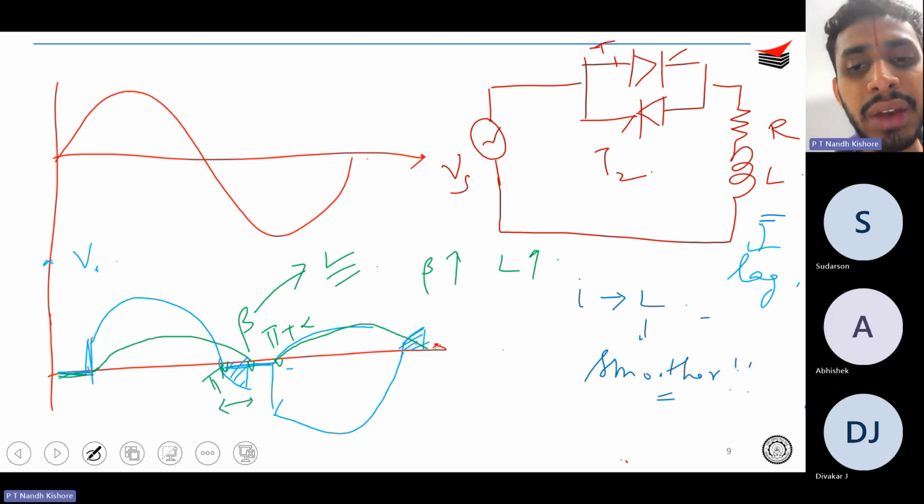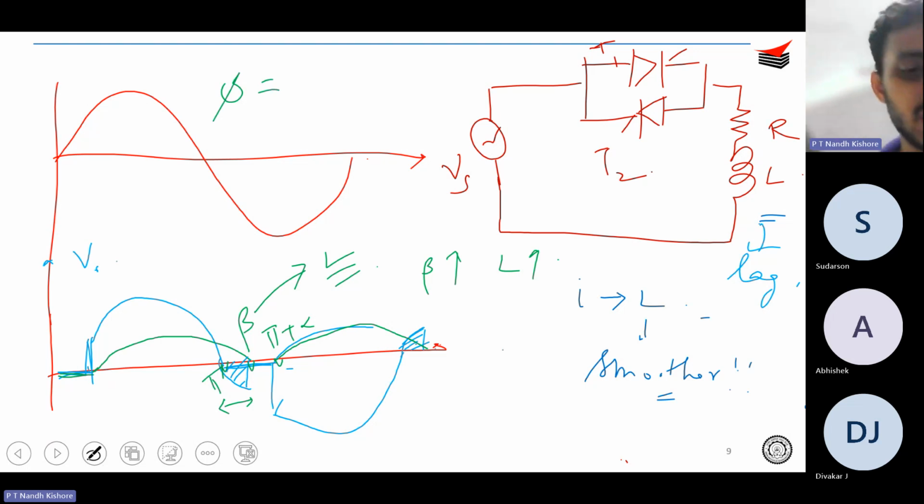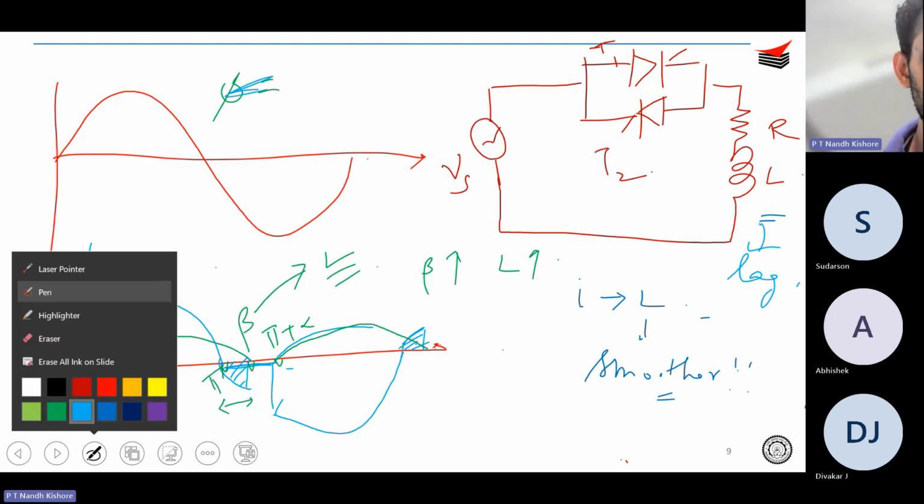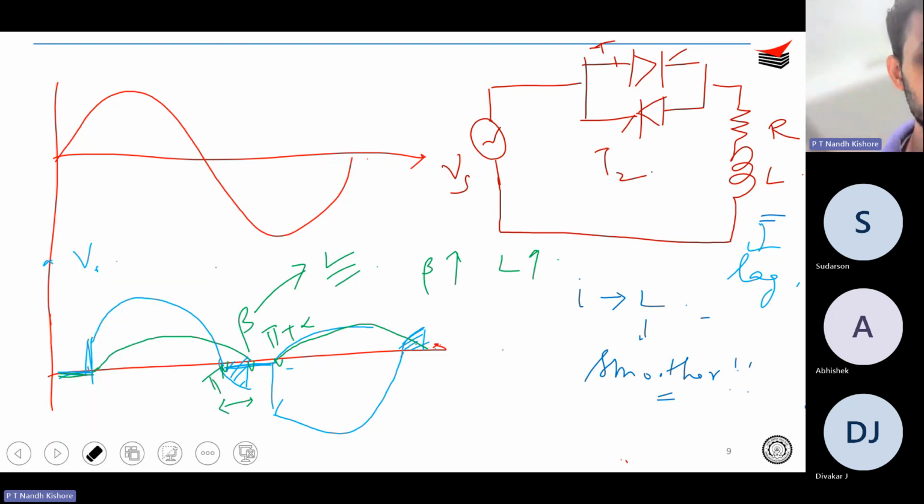And what is this value of phase shift? Let me not call it phi, because phi will be asked in a question. Let me just call it the phase shift itself. This phase shift depends on L. If your L is more and more, this particular period is going to be more and more.